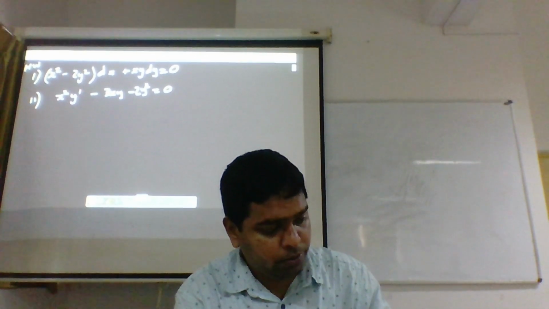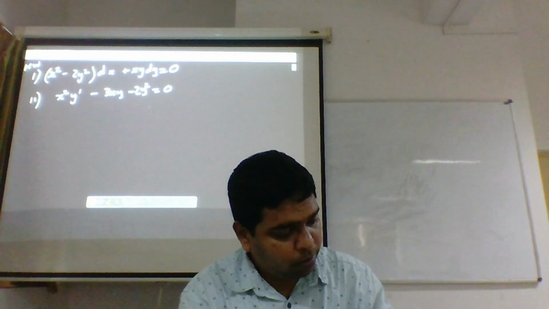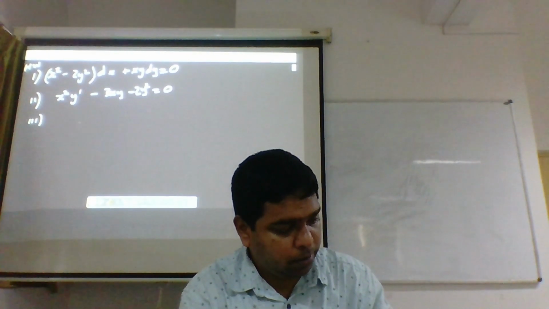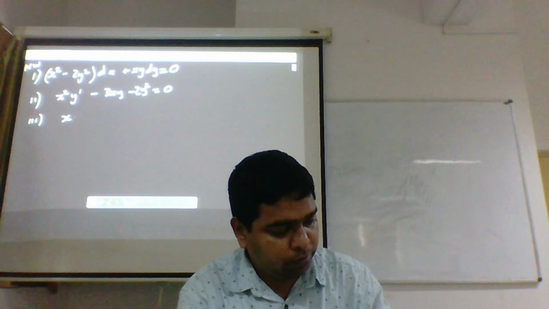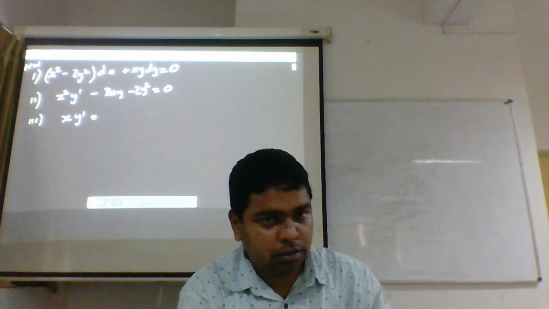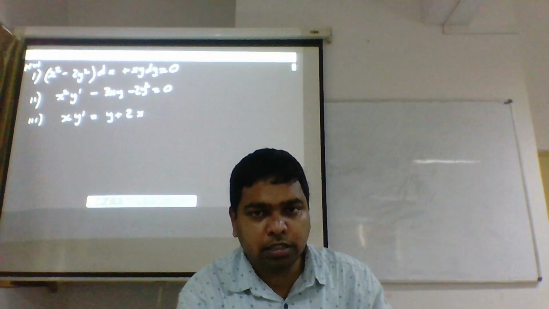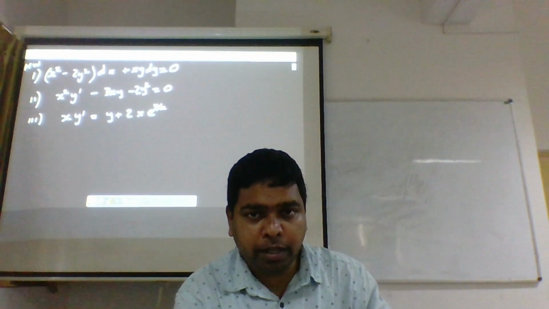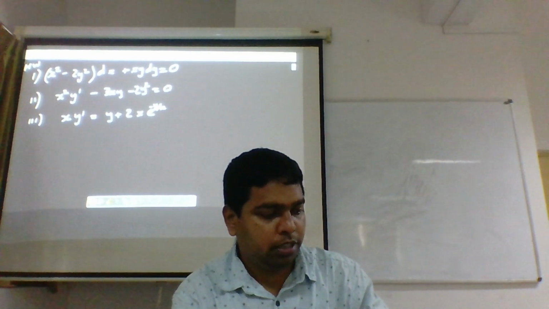Next, third: x y prime y plus 2x e raised to y by x, e raised to minus y by x. On your substitution, this will become e raised to minus z.